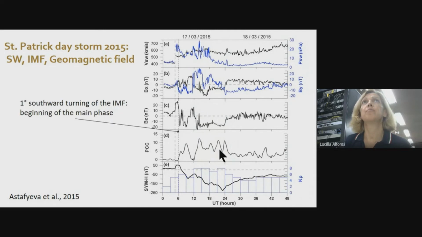You see that there is some kind of delay between the peak and the actual reaction of the geomagnetic field. This is due to the fact that these quantities are observed at the Lagrangian point, and we have then to account for the traveling time from the Lagrangian point to the ground.